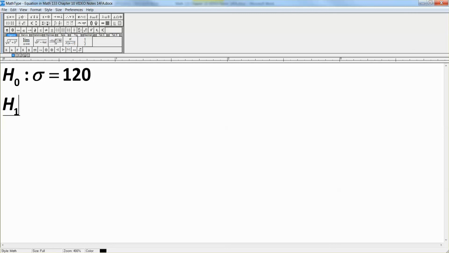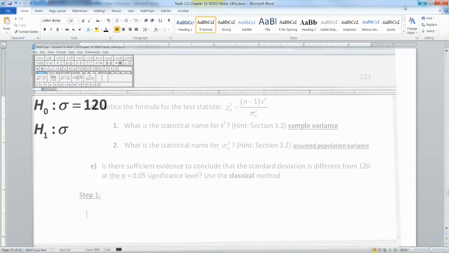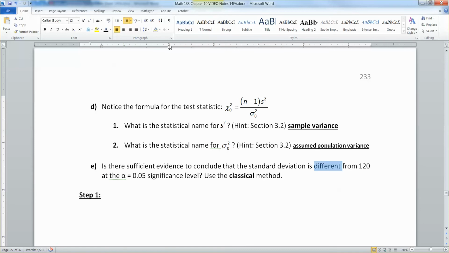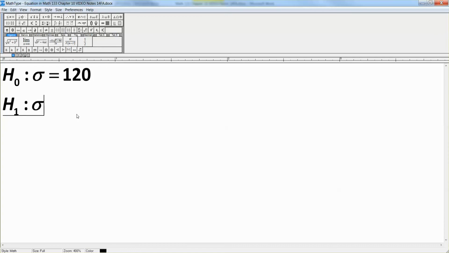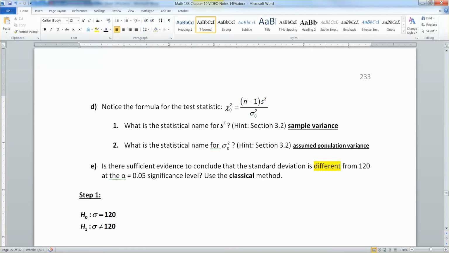H1 would be that sigma, now did they say different? Did they say less than? Different. All right, so by saying different, that means we're doing a two-tailed test here. So sigma is not equal to 120. Now that's one way to write these.